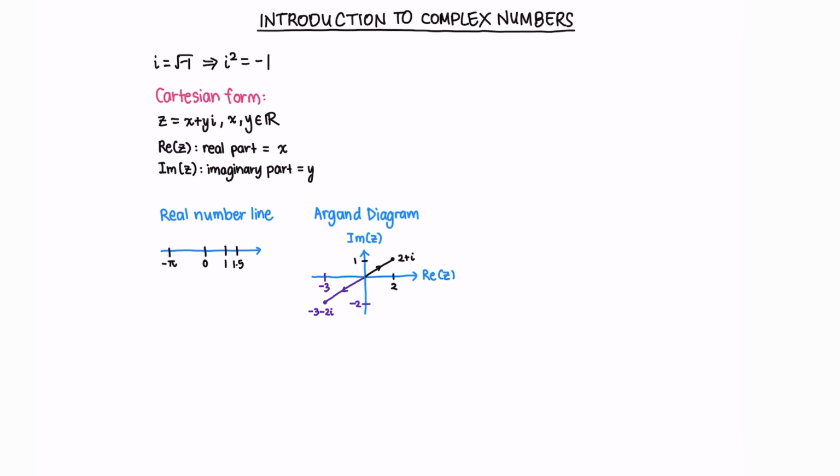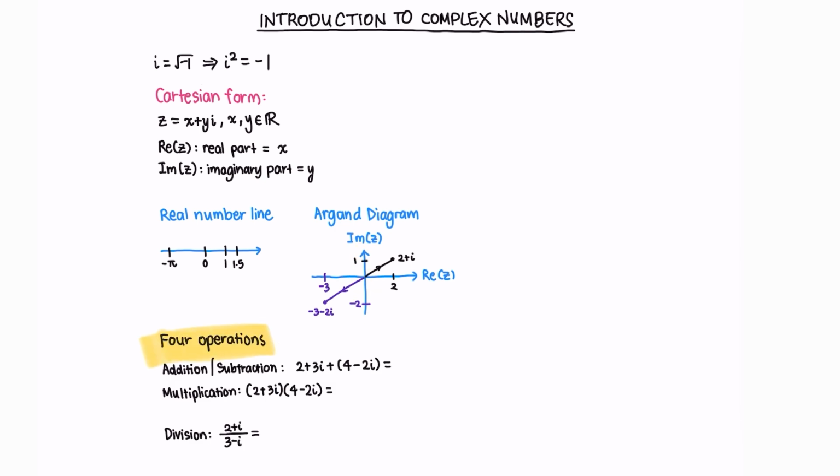But for now, let's look at negative 3 minus 2i, where we have negative 3, the real part, on the horizontal axis, and negative 2, which is the imaginary part, on the vertical axis. And that's our point over here, negative 3 minus 2i. So again, we can think of complex numbers kind of like two-dimensional numbers.